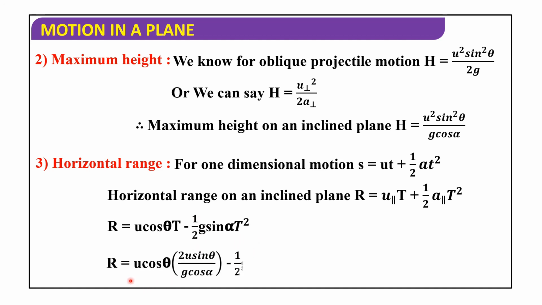In place of t, we put 2u sin theta by g cos alpha. So the equation becomes R is equal to u cos theta into 2u sin theta by g cos alpha minus half g sin alpha into (2u sin theta by g cos alpha) whole square.